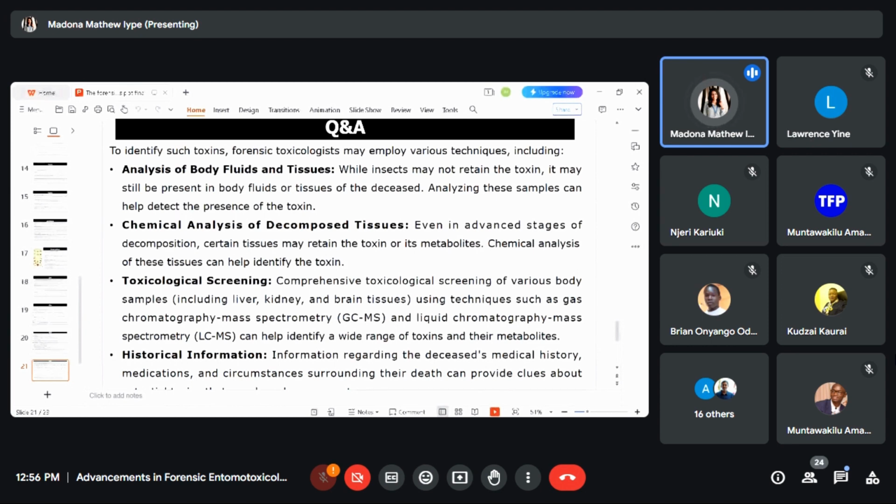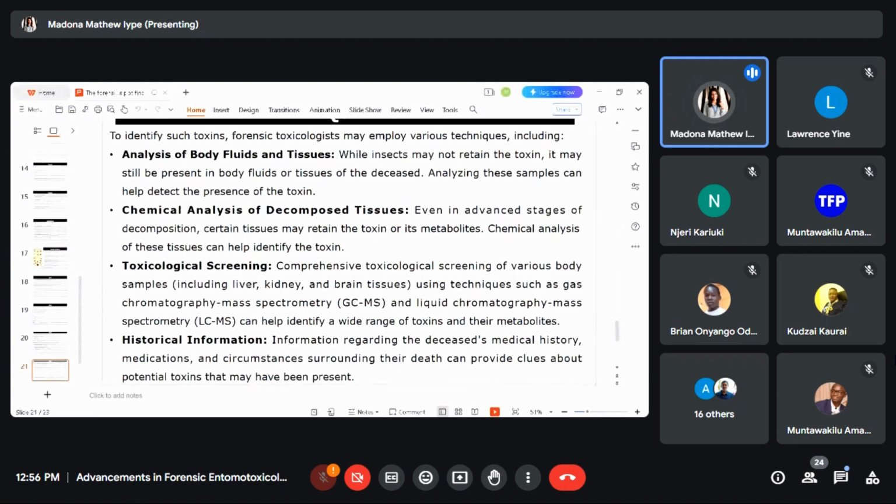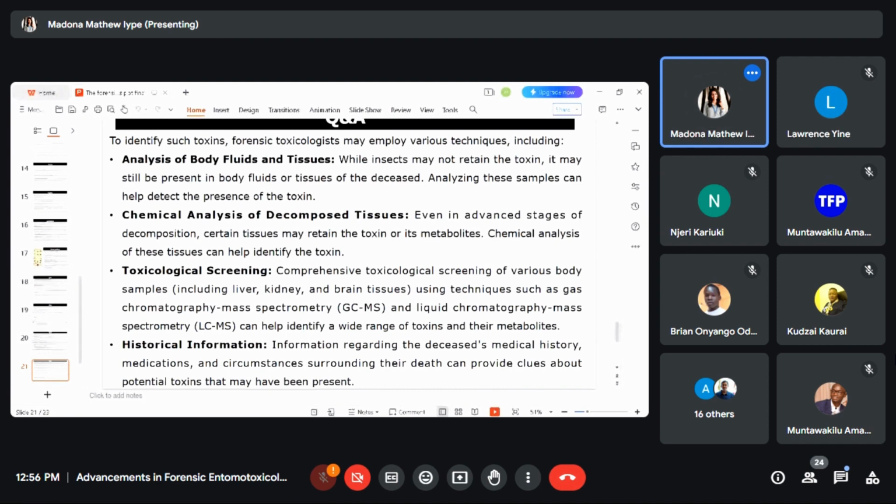Then toxicological screening of various body samples like liver, kidney, brain tissues using techniques like GCMS, LCMS can help identify a wide range of toxins and metabolites.